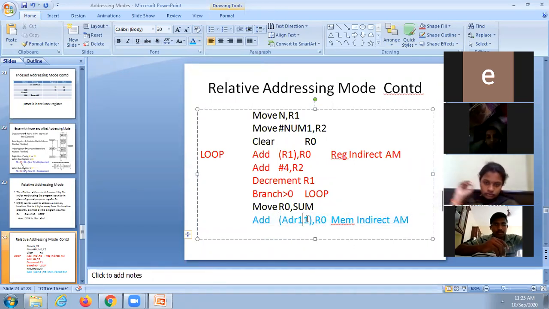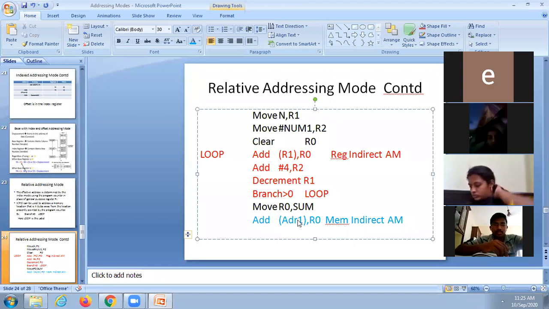Why? Because the address of the operand is stored in another address, that is address 1. Address 1 contains ADR1. ADR1 is the address of memory. This ADR1 contains the address of the data. This address 1 does not contain the data. Address 1 contains the address of the data.